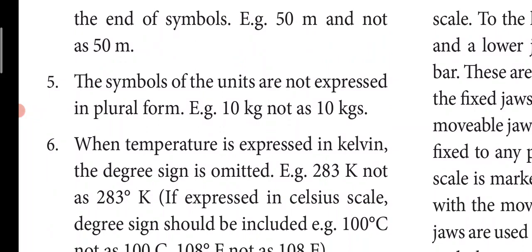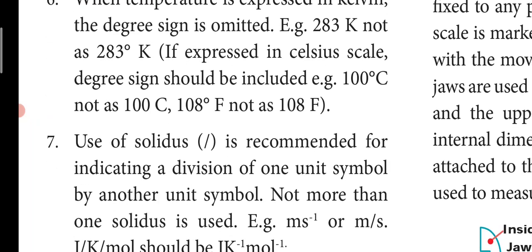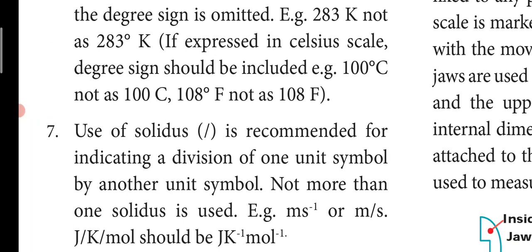When temperature is expressed in Kelvin, the degree sign is omitted. Instead you use capital letter K. You should not write both degree and Kelvin. When it is in Kelvin, it means 237 K only, you should not put the degree symbol. If you express it in Celsius, you have to include the degree symbol.